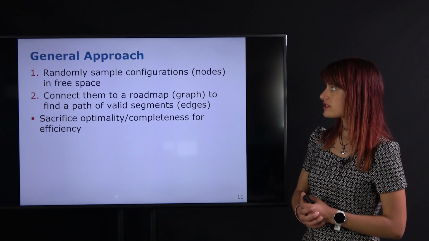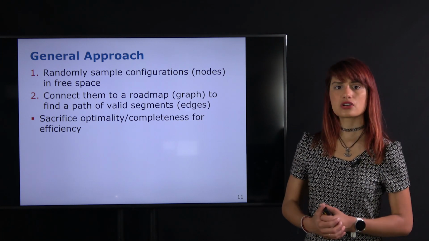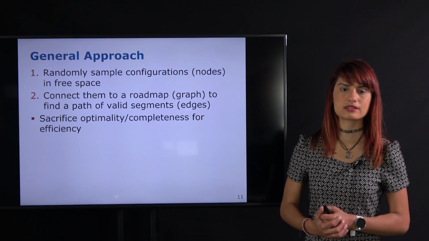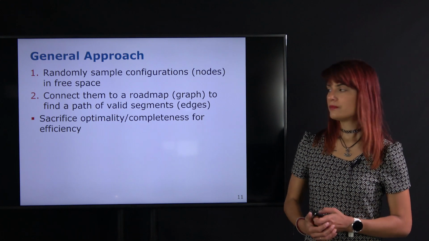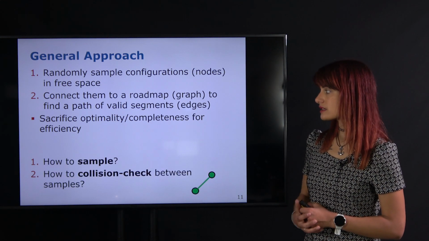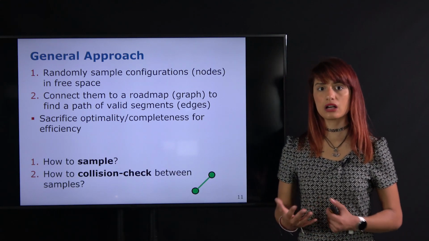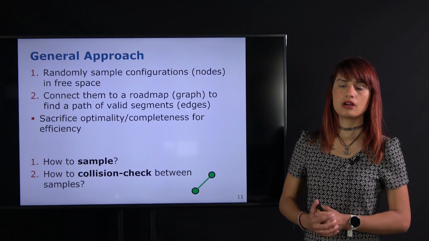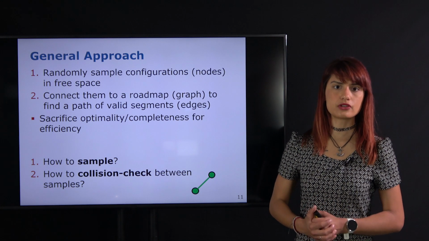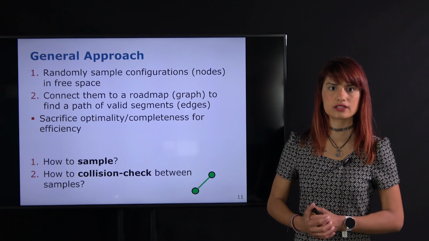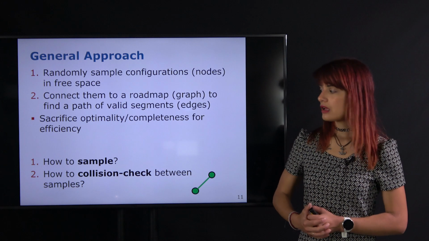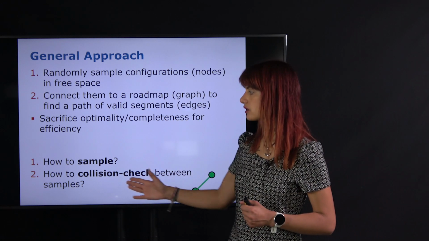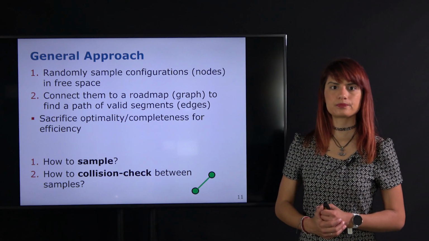So two main questions arise here if we want to start implementing, from a practical point of view, sampling-based planners. So the first one is obviously, how do we sample? So how do we select which nodes should come next and should be considered for being added to our graph of free space configurations and connections? A second and very crucial question is, how do we actually collision check these samples?